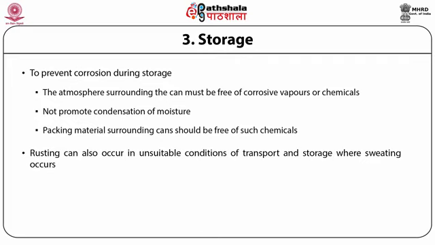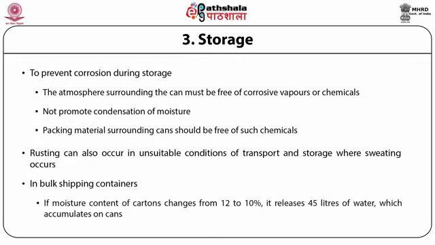The use since the 1970s of bulk shipping containers, each holding about 18 tons of cans, has become increasingly popular for sea transport. Such a container may include 2 tons of carton material. If the moisture content of such material changes from 12 to 10%, 45 liters of water would be released within the container.